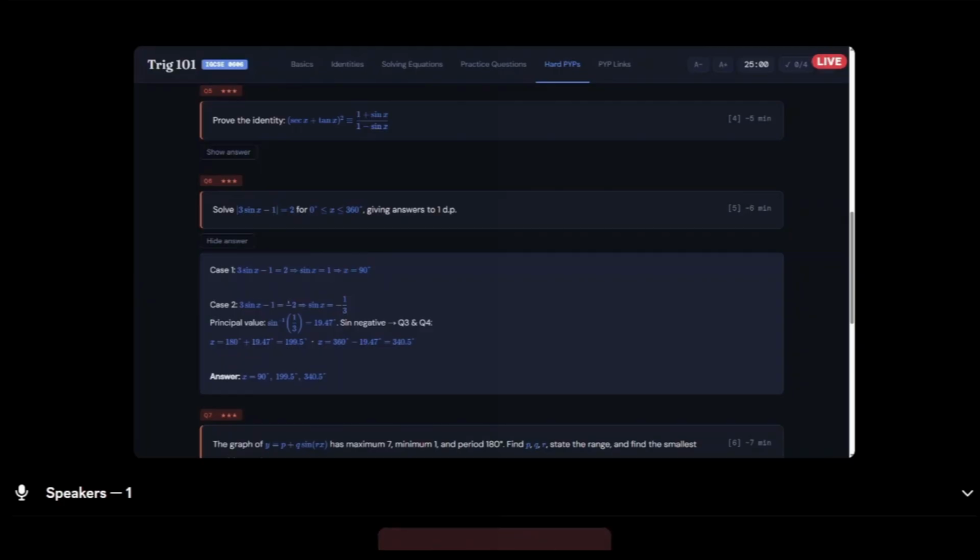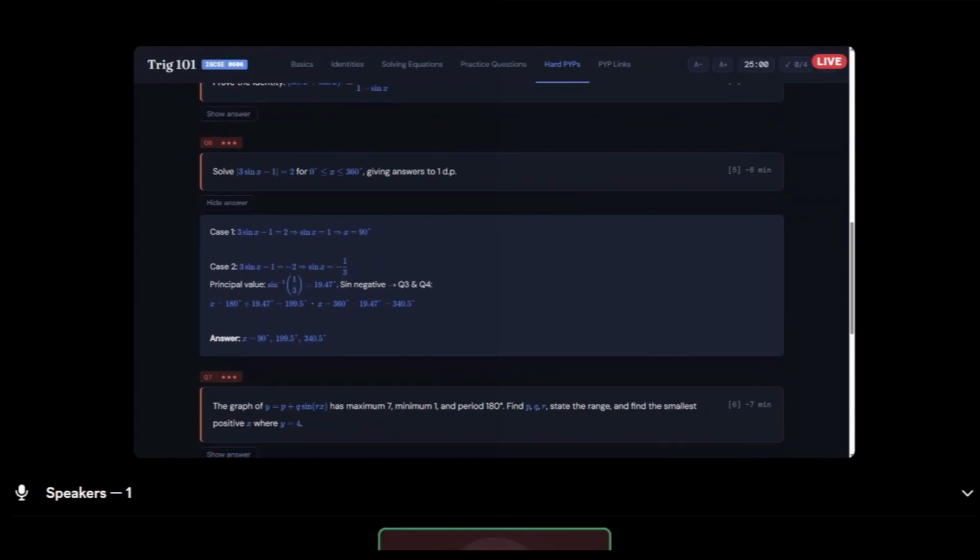For case 2, sine x equals -1/3. So we find the principal value, 19.47. Since the answer is negative, the negative quadrants are quadrant 3 and 4, which is T and C. So T and C: 180 plus 19.47, and x equals 360 minus 19.47.